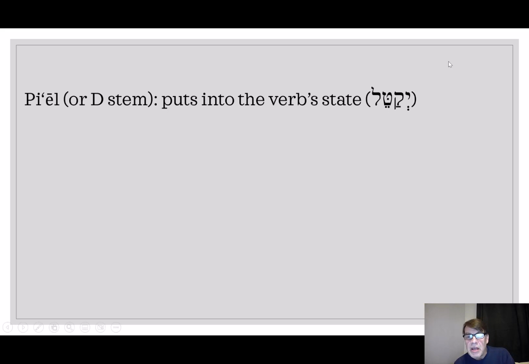Another sign of the D stem in the imperfect is the shavah under the performative. A shavah under the performative is sometimes an indication that you're looking at the D stem of an imperfect. So the doubling is the biggest key, but a shavah under the performative can indicate that it is a D stem imperfect.